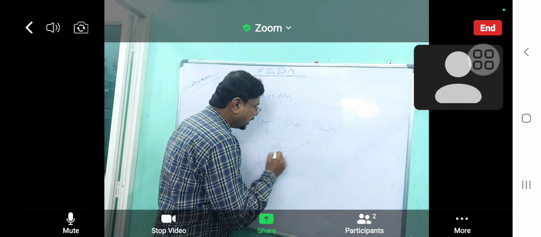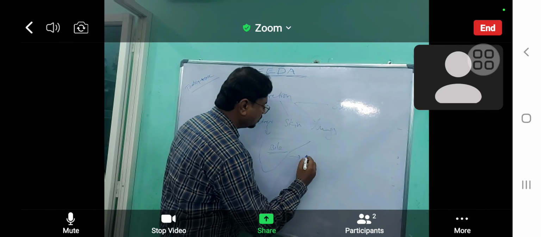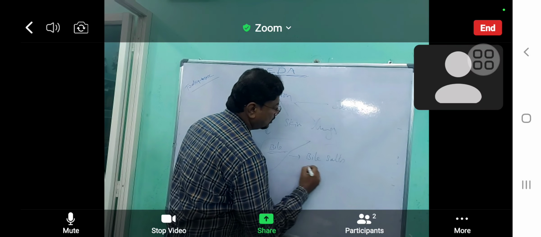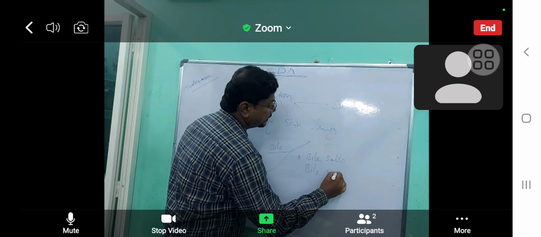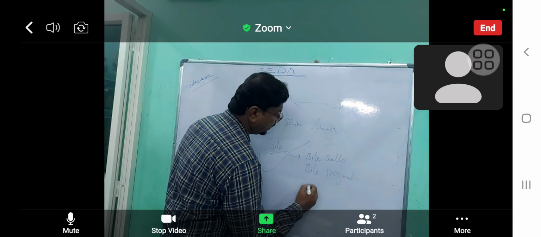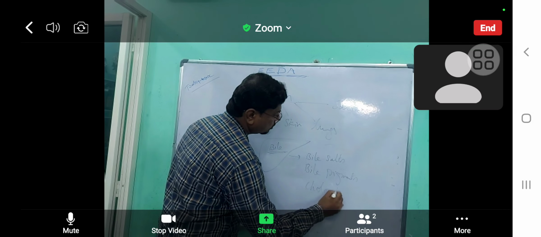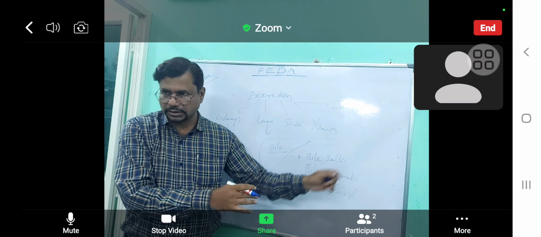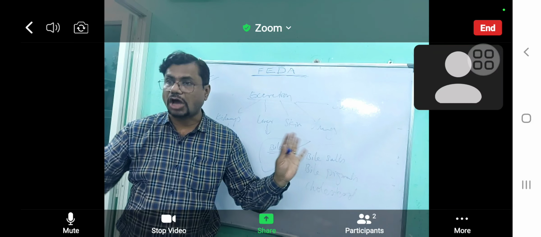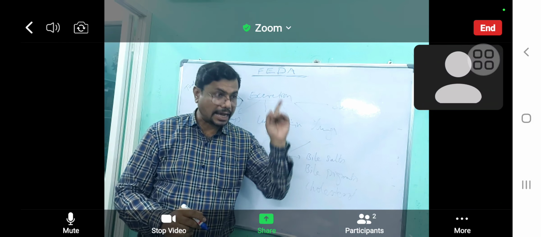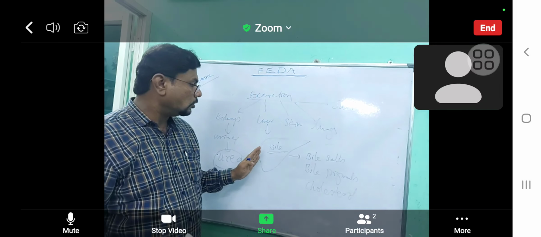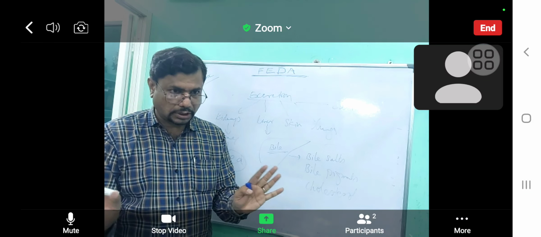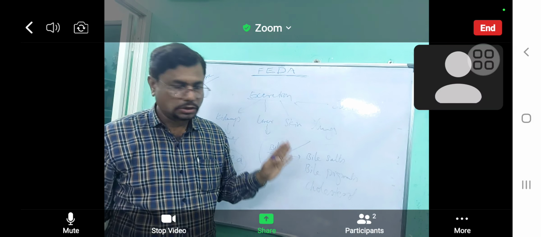So this bile contains bile salts, bile pigments, and cholesterol. There are many salts and other things, but it does not have any enzymes. This is a very important point. As a doctor, if anyone asks you what bile contains, it does not contain any enzymes. It has no enzymatic action.